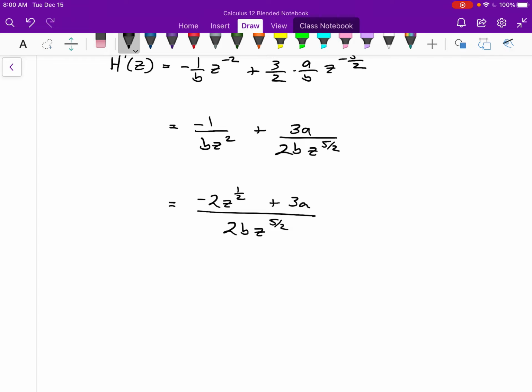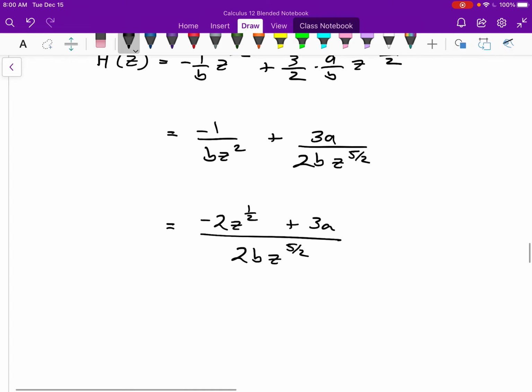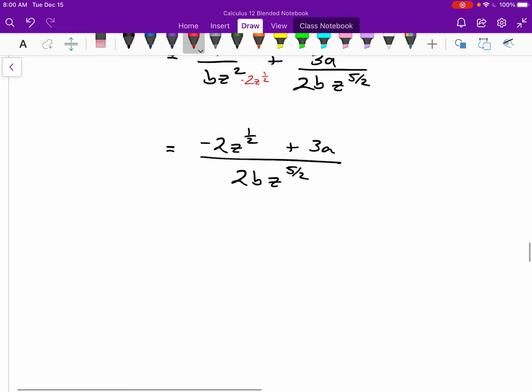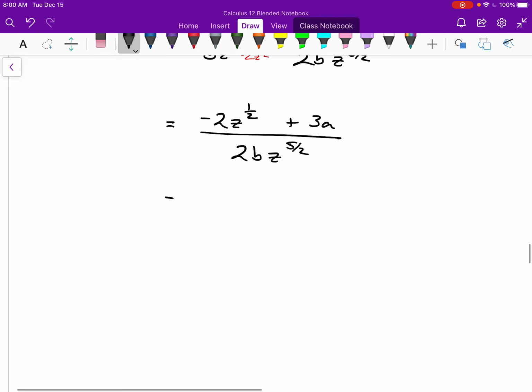And again, if you're not sure how I found a common denominator, I left the right term exactly as is. The left term, I multiplied the top and bottom by 2z to the power of 1/2. And notice that'll give me a common denominator. And then a power of 1/2, I can write as a radical. So I could write this as negative 2 root z plus 3a over 2b. I'll leave it as z to the 5 over 2.